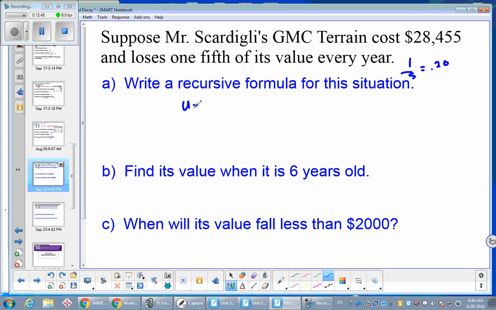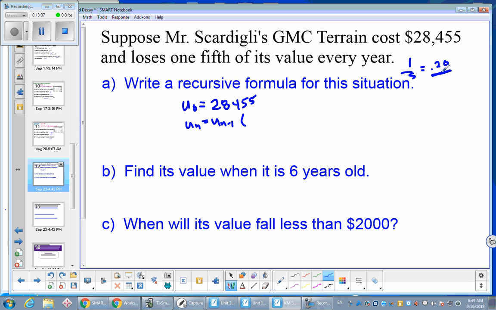This is the only time, not the only, but when we have a word problem, it says he started with this, no time has passed. That's when we're going to start with U0. So we're going to say U0 equals 28,455. And for most word problems, you're going to start with U0. Then we're going to write Un equals Un minus 1. Now here's where we have to be tricky.